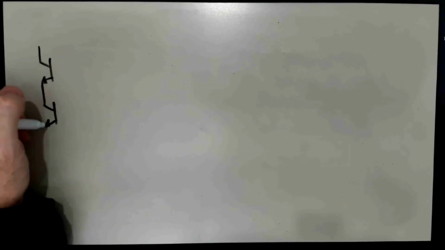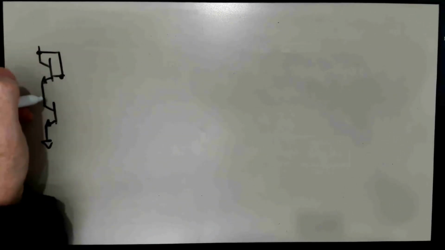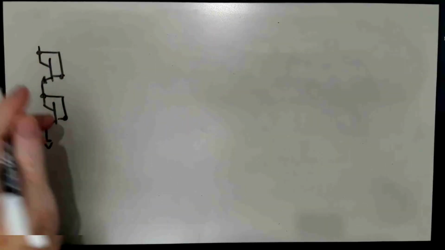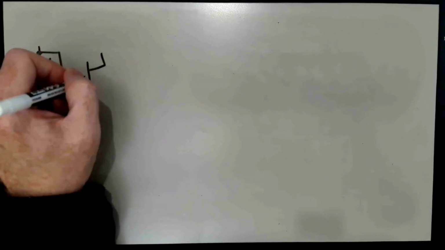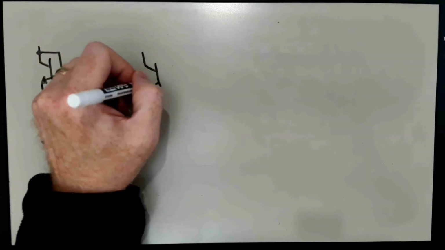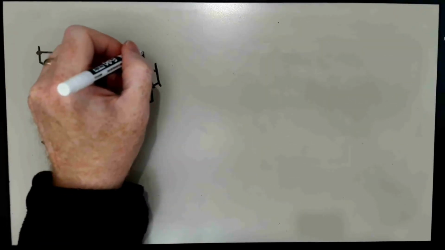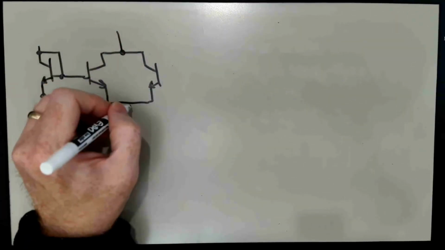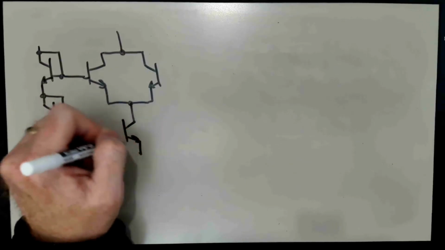The third example is going to be a little more interesting. So we're going to think about a circuit that looks a little more complicated. And then we have another transistor down here.